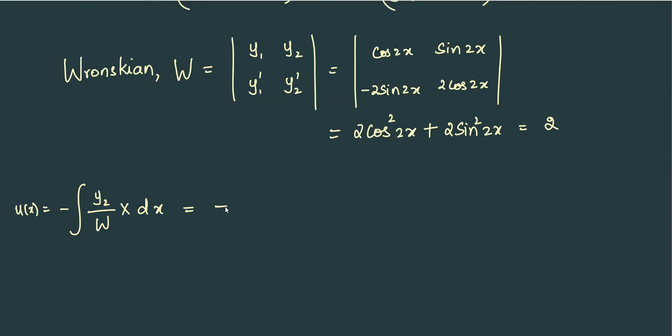So this is minus integral of sin 2x upon 2, since y2 is sin 2x and the Wronskian is 2, and X is tan 2x. Okay, so sin 2x into tan 2x.